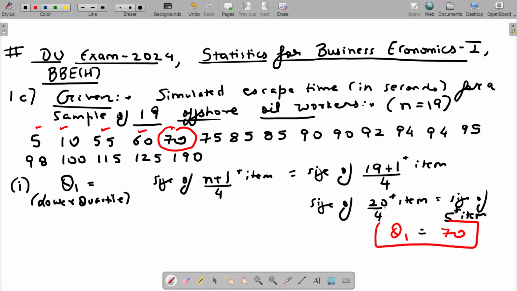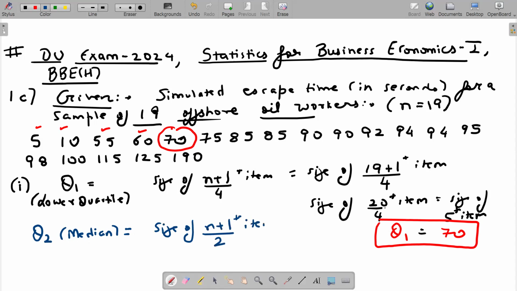Similarly, let's calculate Q2. So Q2, which we also call the median, is that value such that 50% of the observations lie below it. Size of (n plus 1) by 2th item, where n we know is 19. 19 plus 1 is 20, 20 by 2 is 10.